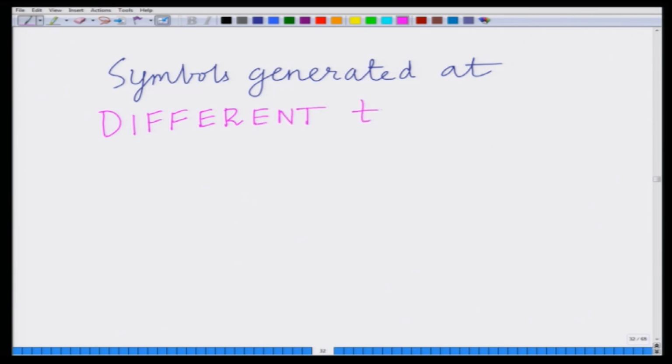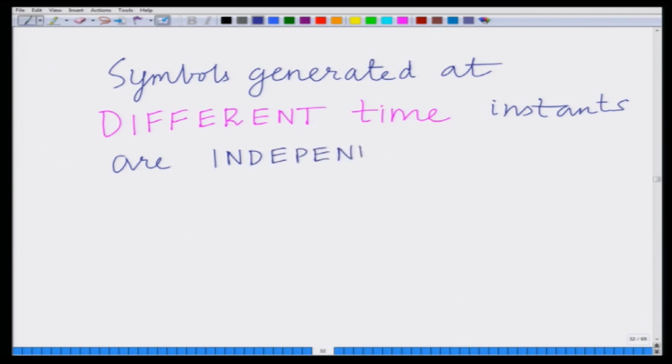The symbols generated at different time instants in a digital or wireless communication system are frequently independent.